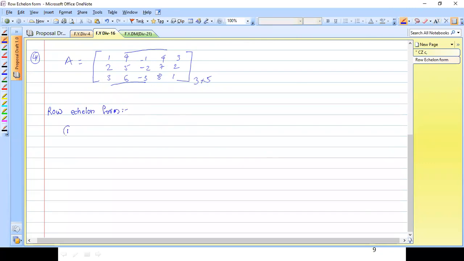I'm going to give you a notation. Number one condition in row echelon form: A11 should be not equal to 0. A11 means the first element. The first element should be not equal to 0. If it is 0, you can interchange the rows. Right now I'm talking about row echelon form, which means only row operations are allowed.